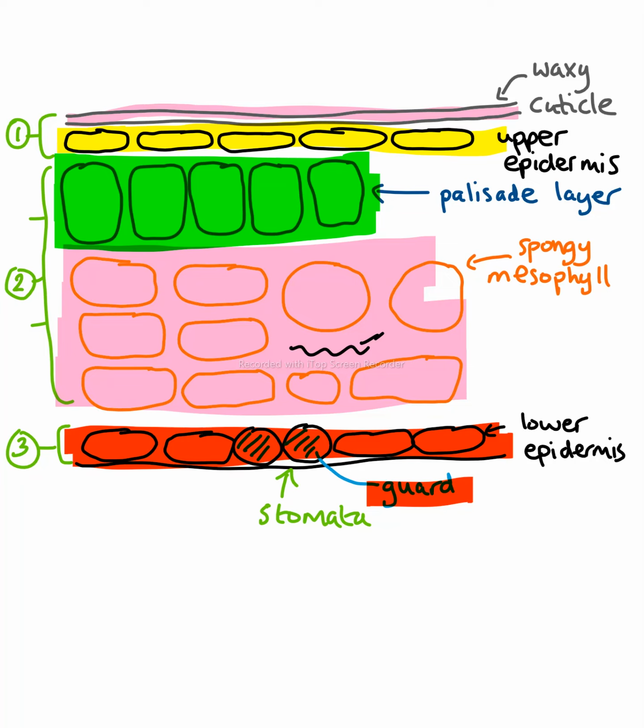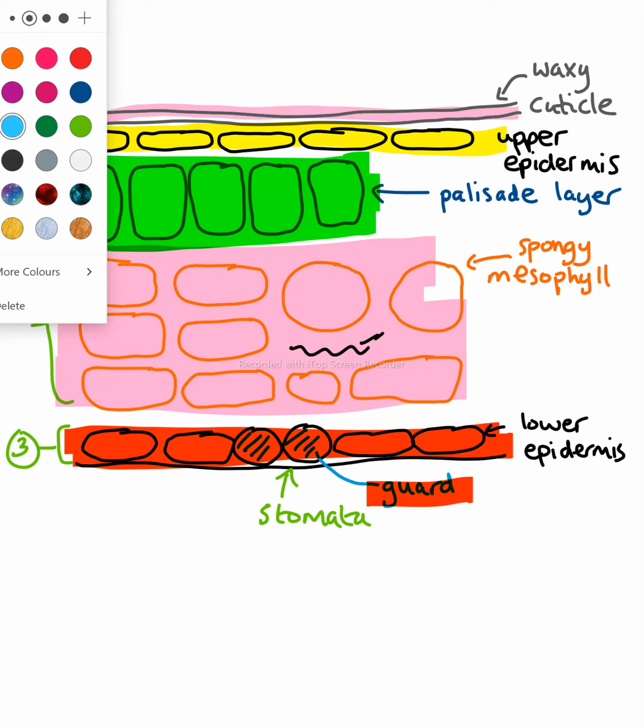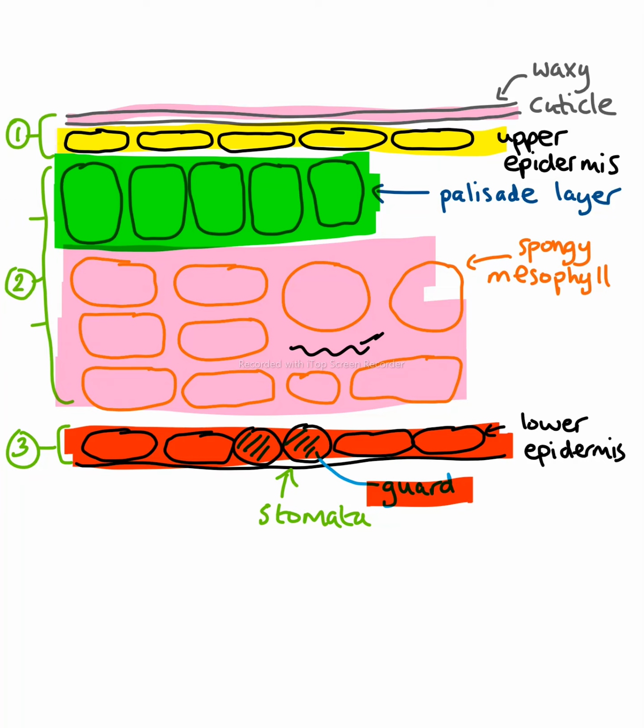Okay, that's that. Right, there's one more thing we need to look at if we can. Let's do it with blue. Right, okay. You've got this other structure running through. It's like a big tube.